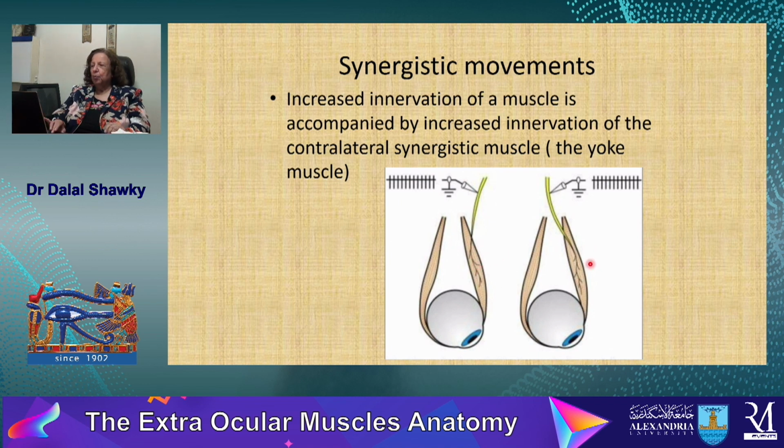And this is important also when we will study the paralytic squint, to know that there is a law of equal innervation, Hering's law of equal innervation. Equal innervation going to the lateral rectus of this eye and medial rectus of the other eye. Also equal innervation going to the lateral rectus of this eye and medial rectus to the other eye.